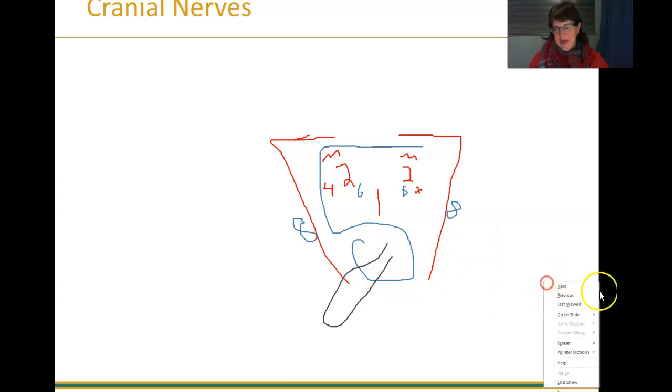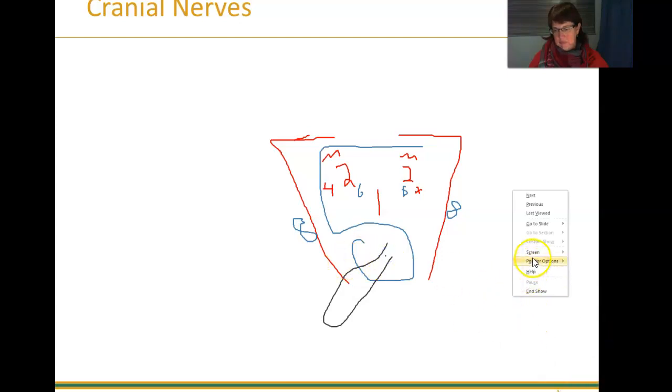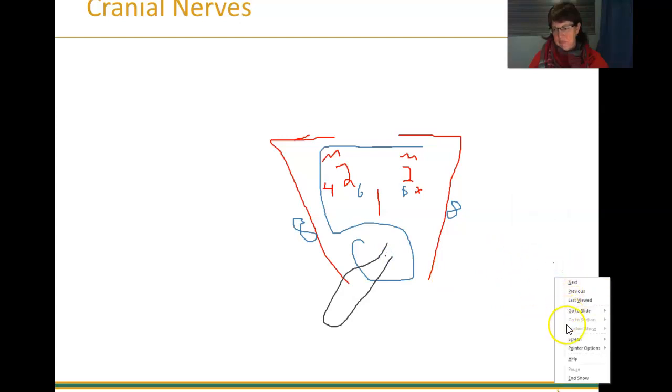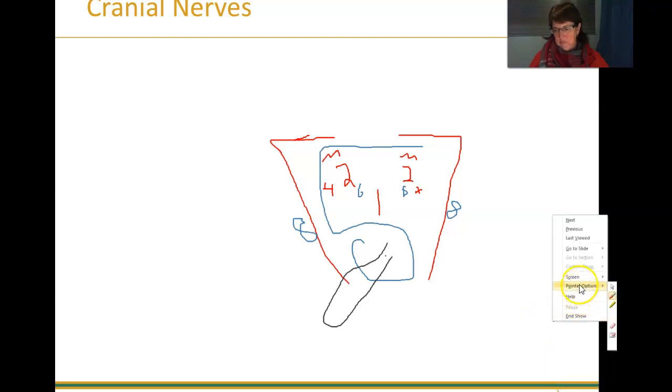Nine is the back of the tongue. So 9 is the back of the tongue.